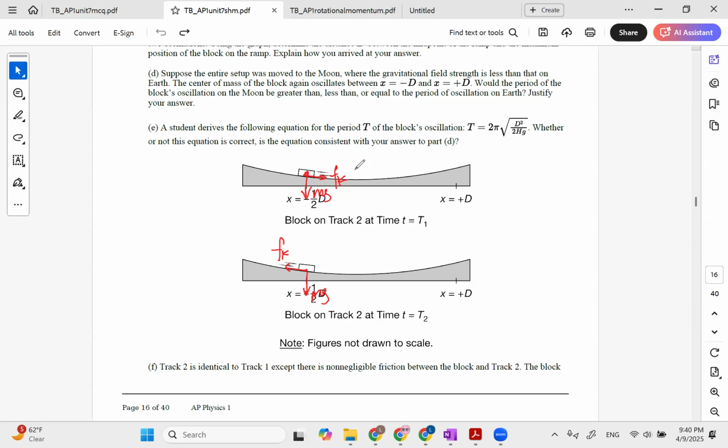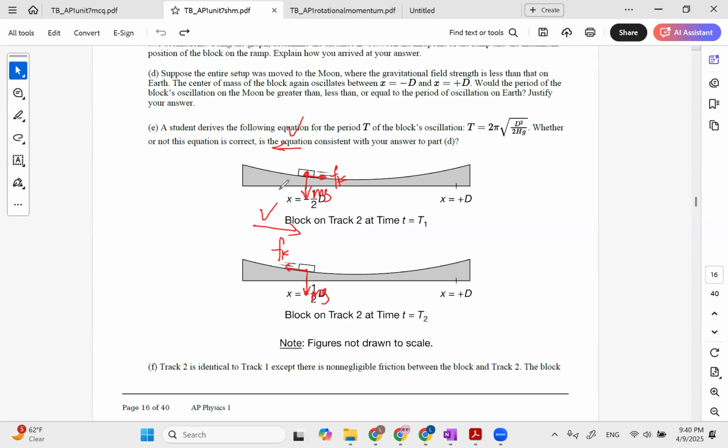In both situations, both frictions are in the opposite direction. Both frictions do negative work, right? At T1, we're going this way. At T2, we're going that way. So in both situations friction is going opposite to the direction of motion. Both situations, friction does negative work, right?